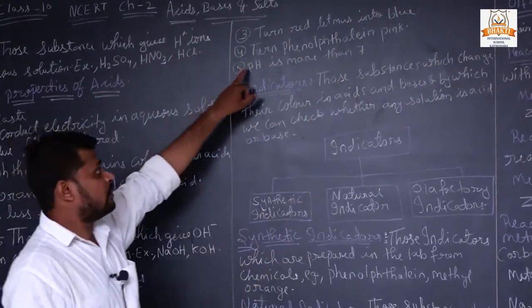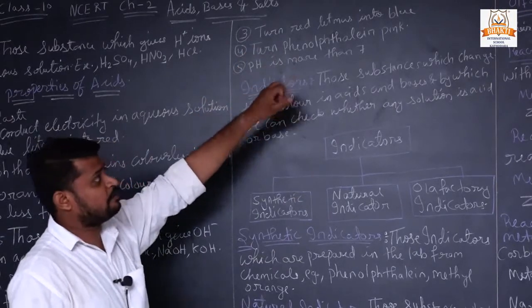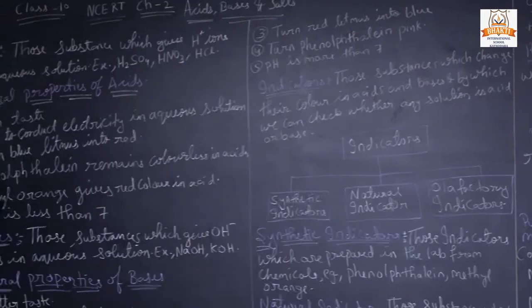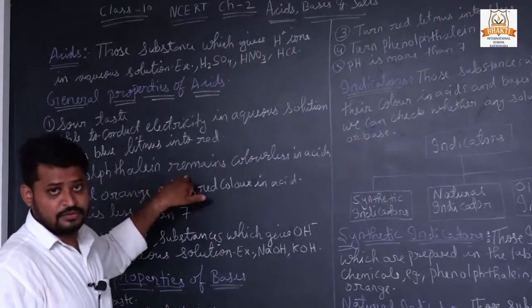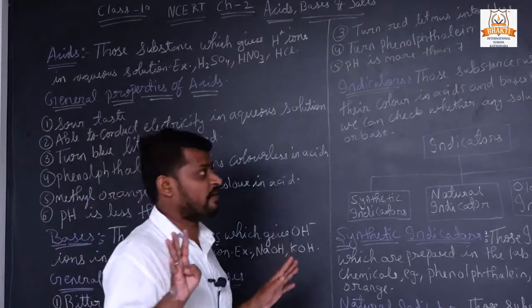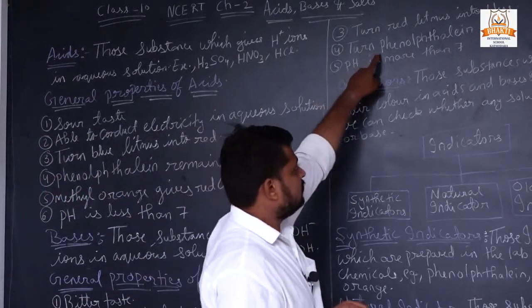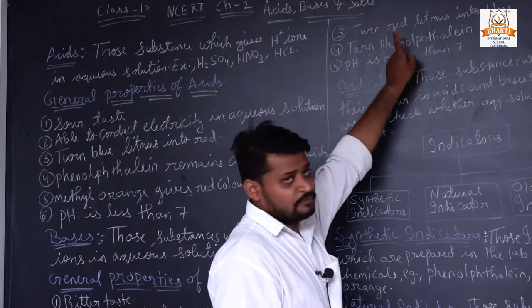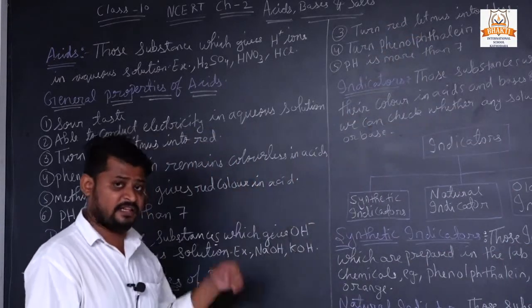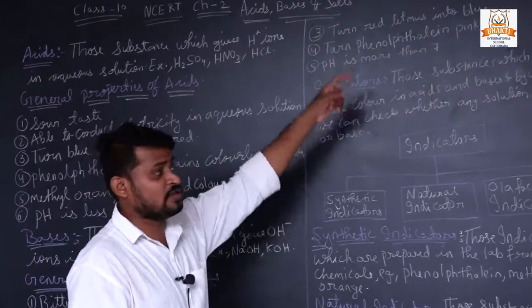Bases turn phenolphthalein pink. When we use phenolphthalein in acid, it remains colorless and does not show any color. But in base, it changes its color into pink. In acid it is colorless, but in base it is pink.